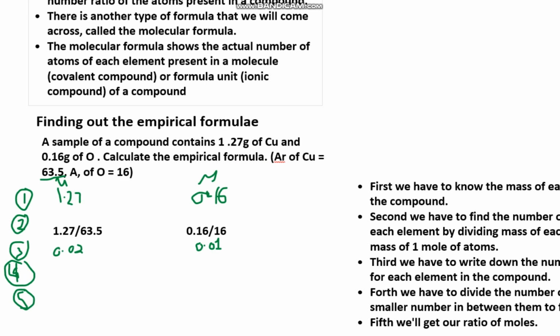The smaller one here is 0.01, so we'll divide 0.02 by 0.01, sorry, and it's 0.02, and 0.01 by 0.01. So we'll get an answer of 1. The answer here would be 1, and the answer would be 2.